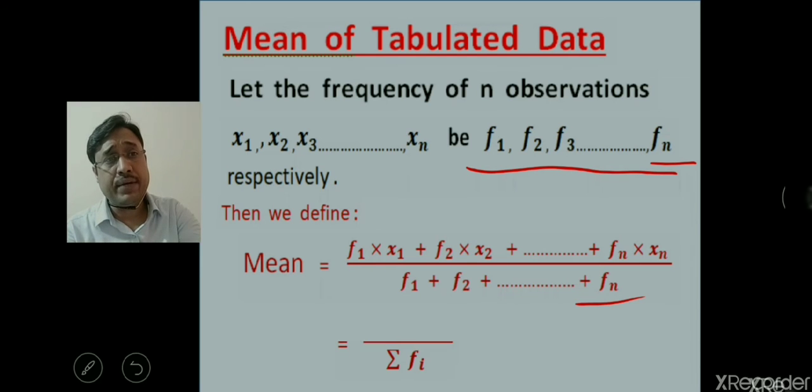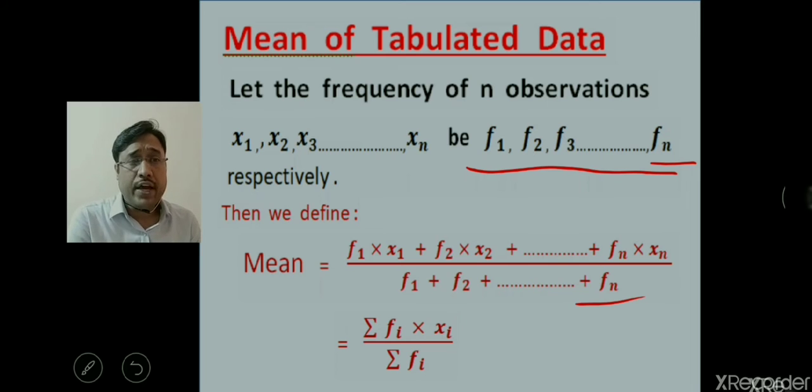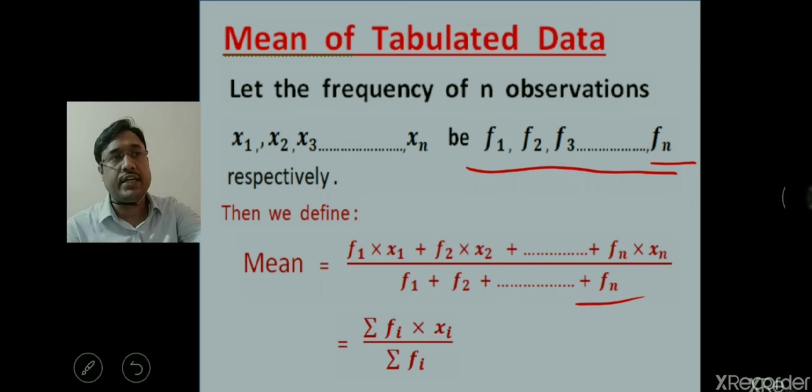This may be summarized as summation of fi xi divided by summation of fi, that is, the sum of the products of each frequency and its corresponding observation, divided by the total of the frequencies. This formula you will use to find the mean of tabulated data.